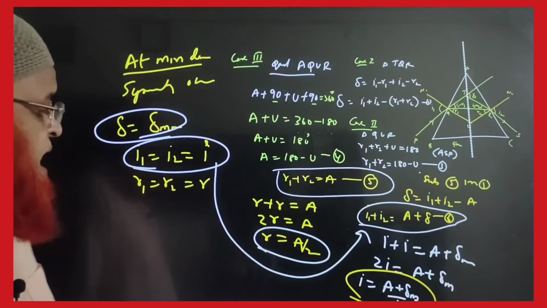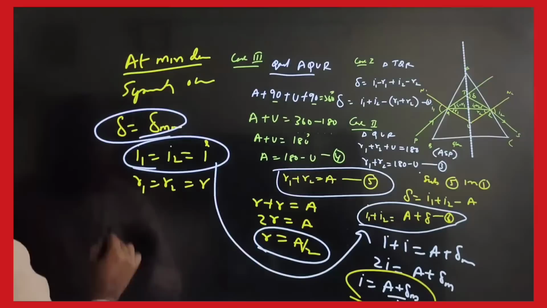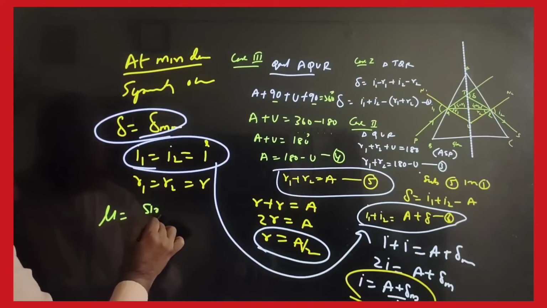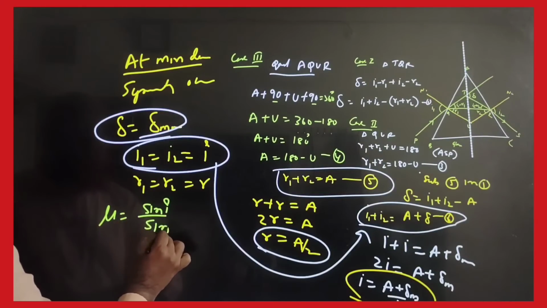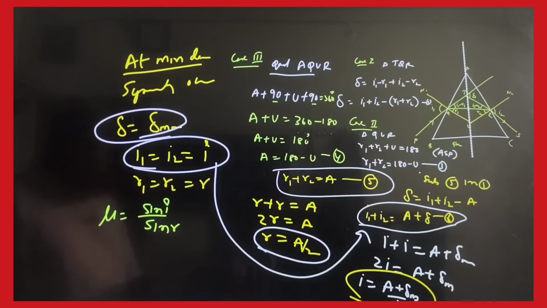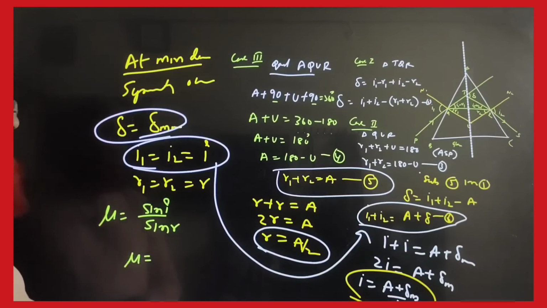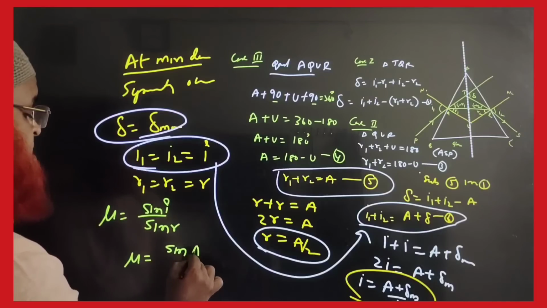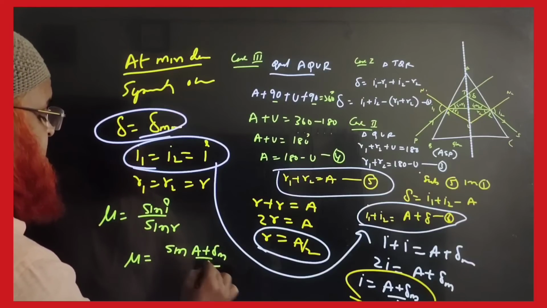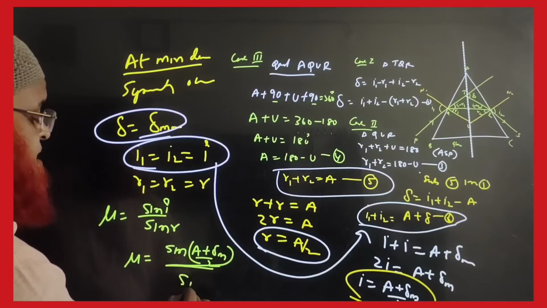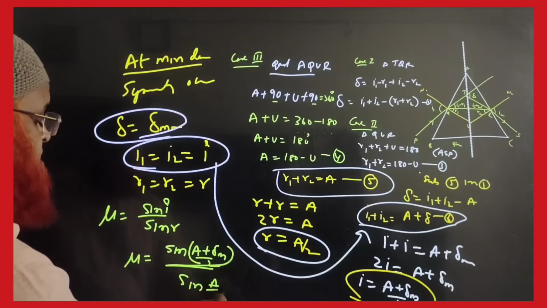So I got I is equal to A plus delta M by 2, R is equal to A by 2. I want the refractive index now. So refractive index means what? The general formula is sin I by sin R. Snell's law. So mu is equal to sin I, that is sin of A plus delta M by 2, by sin R, that is sin A by 2.